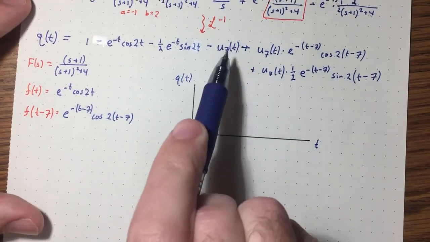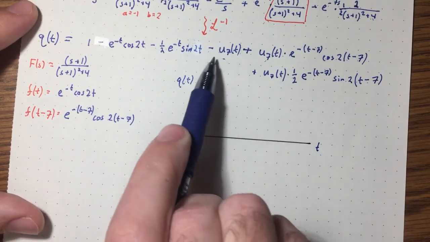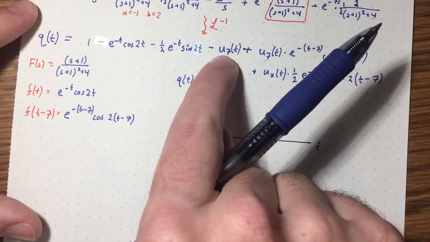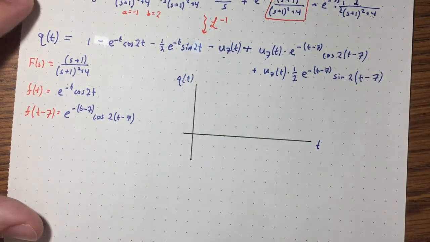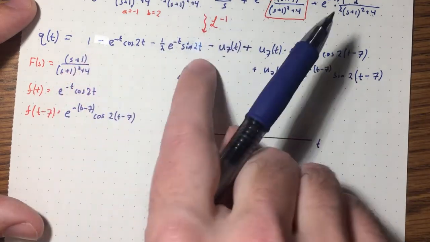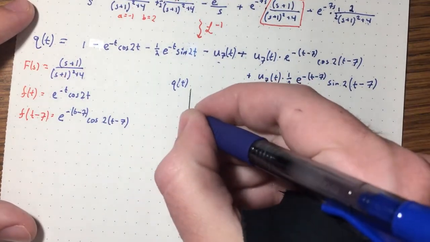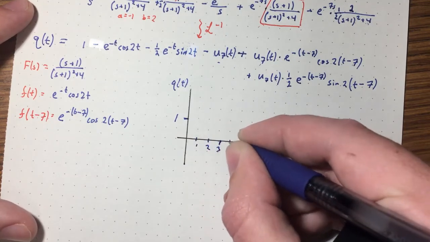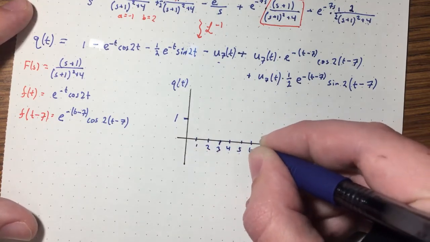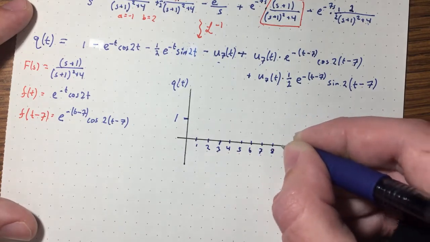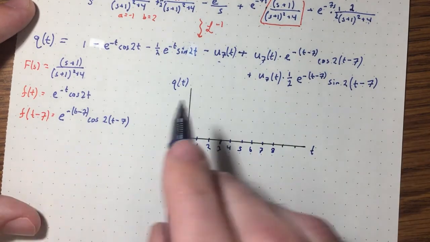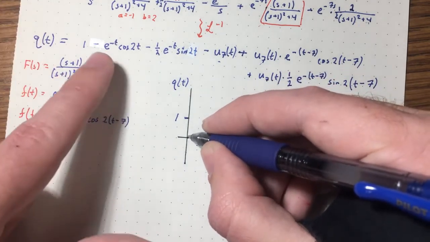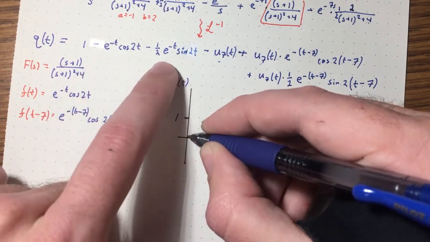Okay, notice that these u of 7 terms switch on at t equals 7, right? Because u of 7 is 0 up until t equals 7, and then it becomes 1. So we're just graphing this bit for the first part. And so let's say we have 1 here, and 1, 2, 3, 4, 5, 6, 7, etc. The initial value is 0, and this is just decaying oscillations, right?